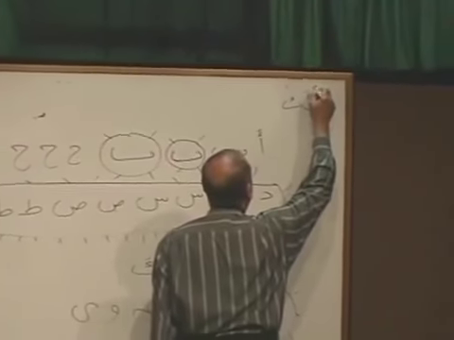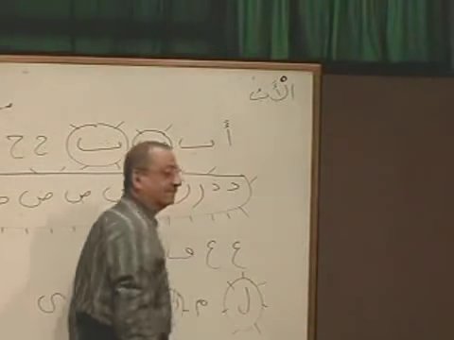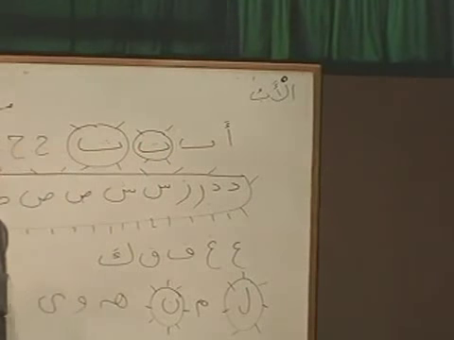So it is Al-Abu. If I put Waw in front of it, Brother Abdul Qadir, it will become Wal-Abu. Are you with me? So without anything in front, I will pronounce it as Al-Abu. So I did pronounce Lam.